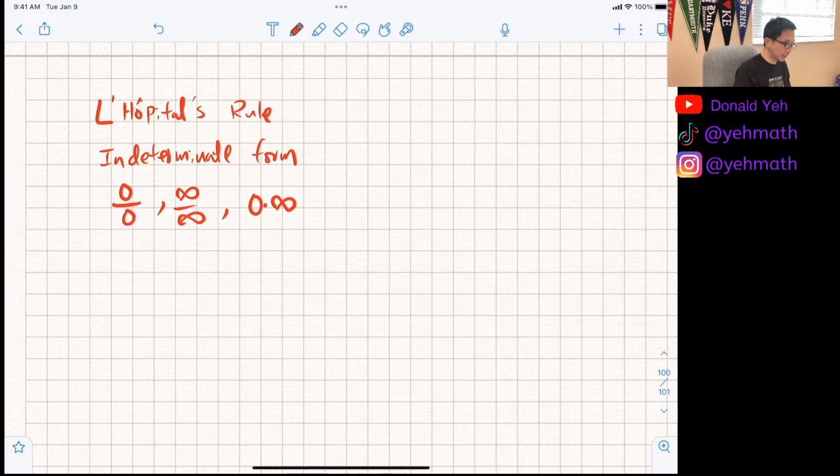That's also indeterminate. 1 to the infinity. 2 more. 0 to the 0. And infinity minus infinity. And that's it. There are 6 different ones.